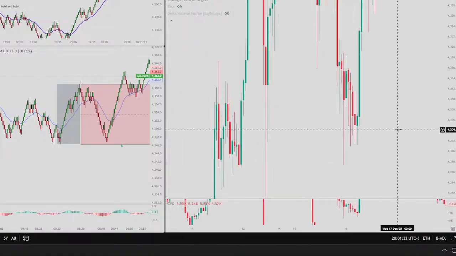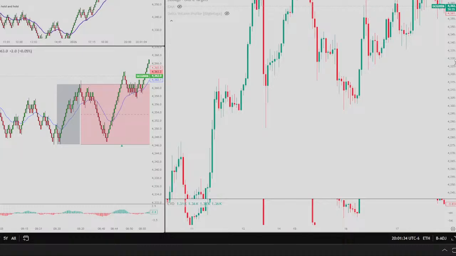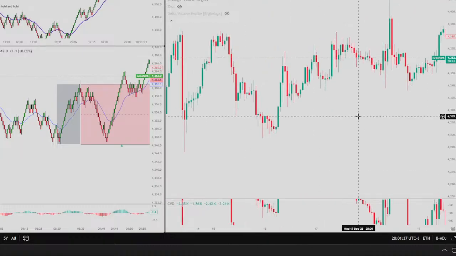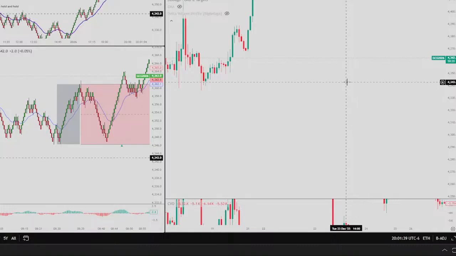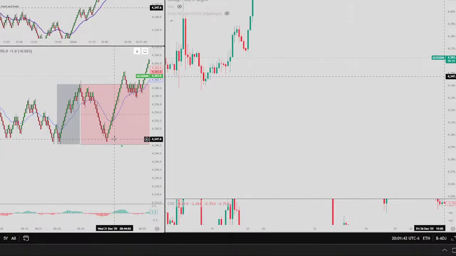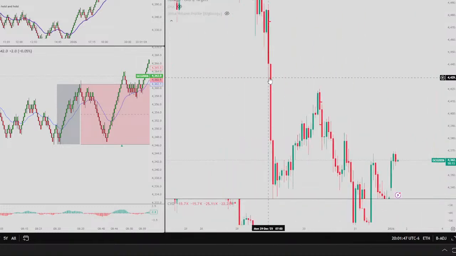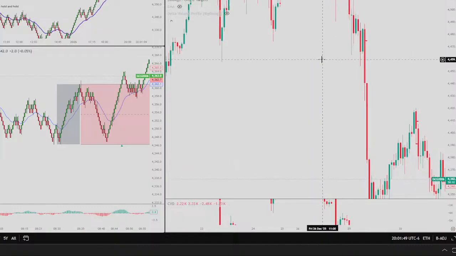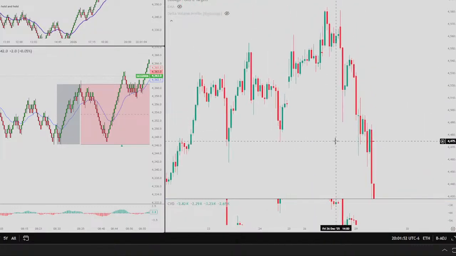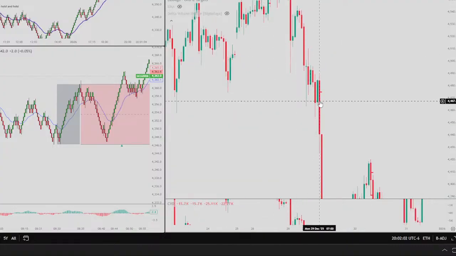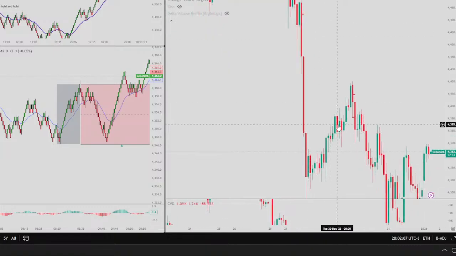In the 1 hour, this looks like a total mess. I just needed to zoom out. This is Wednesday, Thursday, Friday, Monday, Tuesday.